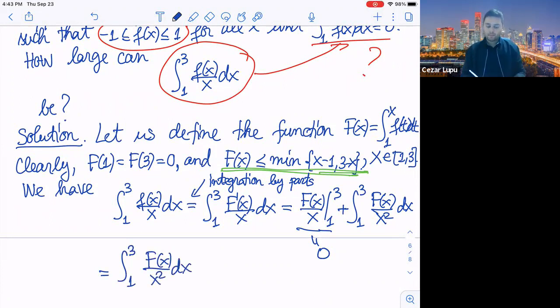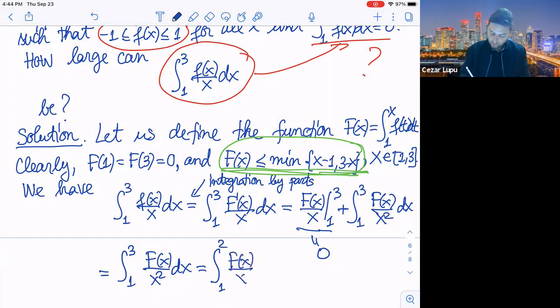All right, great. But let's use this observation here. Now we're going to break the integral into two parts: the integral from 1 to 2 of F(x)/x squared dx plus the integral from 2 to 3 of F(x)/x squared dx.